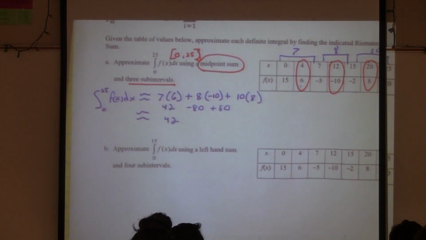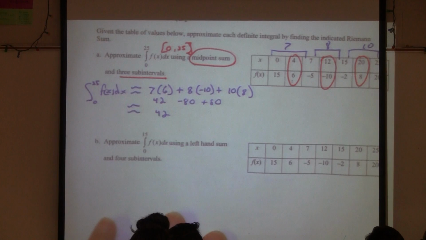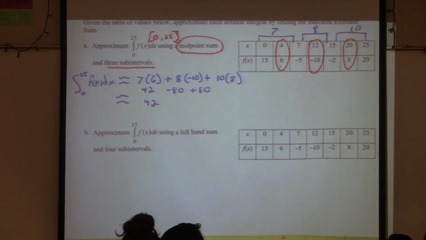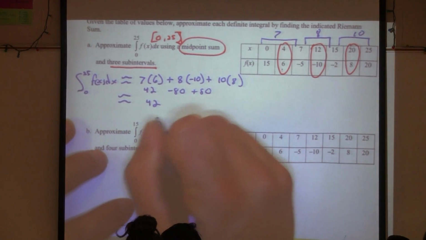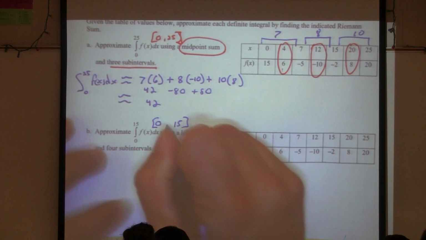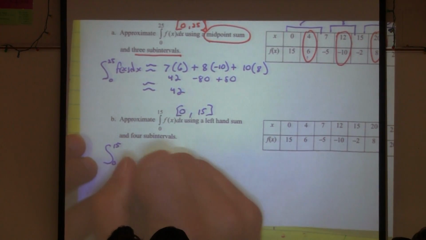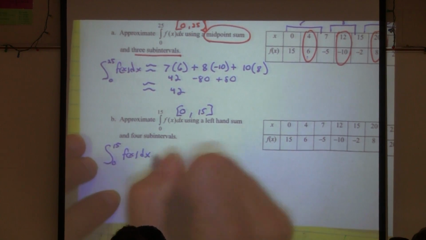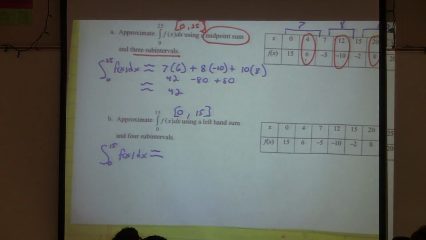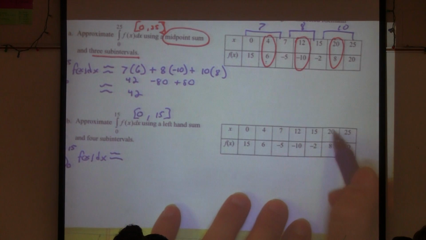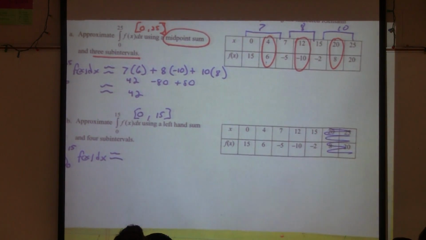Got it? Part B. Where are we going from on this one? 0 to 15 only, okay? So we got to pay attention to that definite integral. So what can we scratch out from my table here so I don't get confused? 20 and 25, scratch them out so we're not even looking at those.